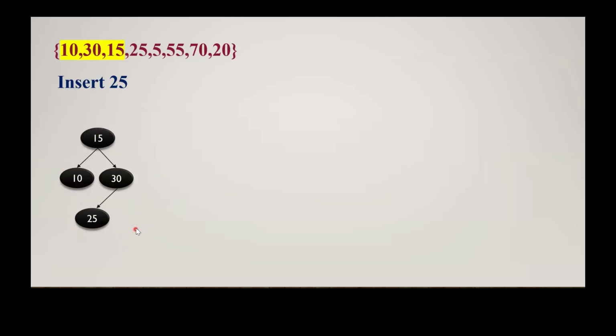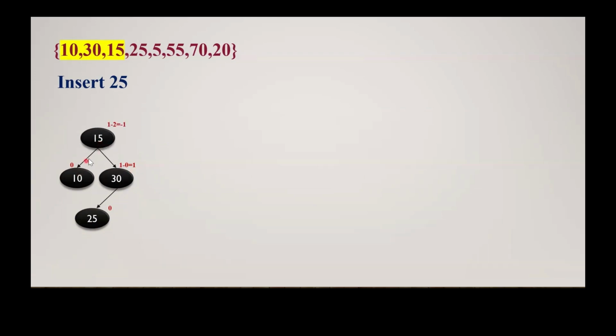After that, we have to calculate the balancing factor. The balancing factor of 25 is 0 because it is a leaf node. Then this one is also a leaf node, 0. Then for the next, height of left subtree minus height of right subtree: left subtree is 1, right subtree is 0, so 1 minus 0 equals 1. Then we calculate 15.